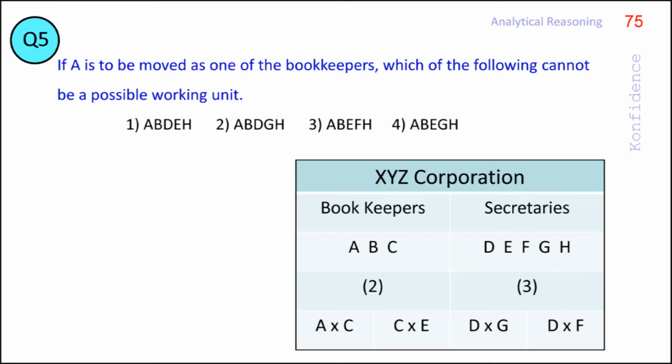So I recommend whenever you see negative words, please underline those words. This is to ensure that you do not make a mistake by not being careful about the negativity of the question. Here, D cannot work with G, that is given in the question. So, the answer is option 2.